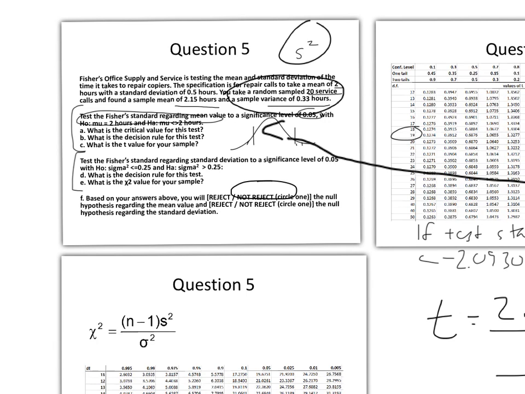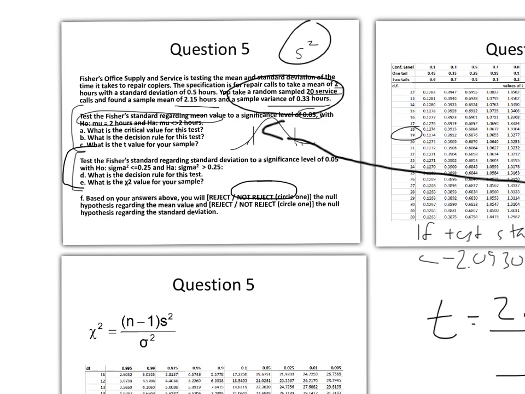All right, so let's take a look now at the second part of the test, the one regarding the variance, or standard deviation. The standard deviation was expected to be a half an hour, with a significance level of 0.05.